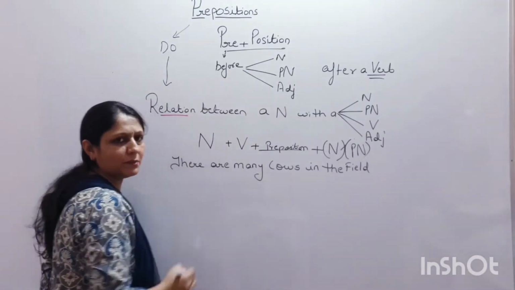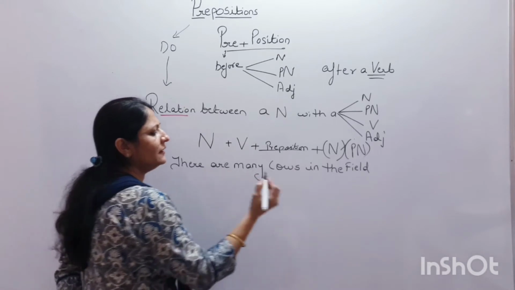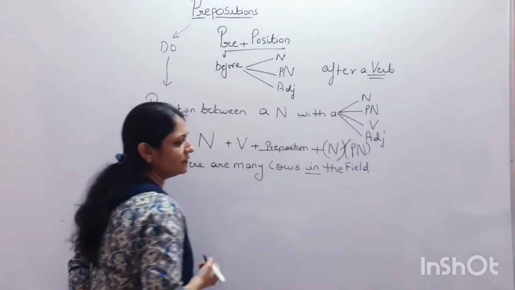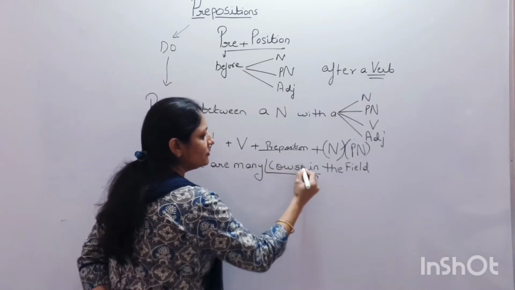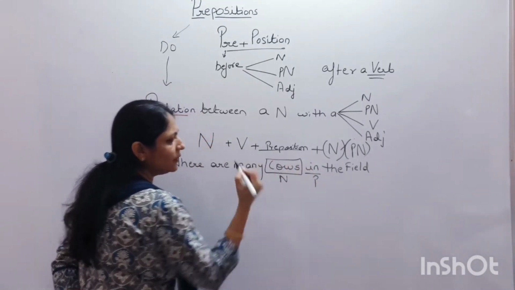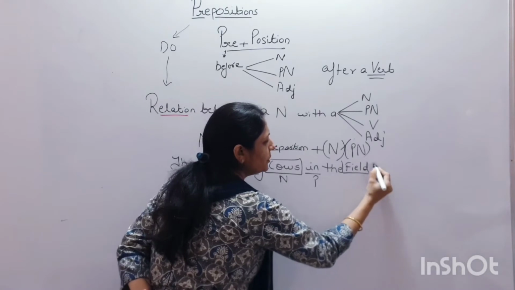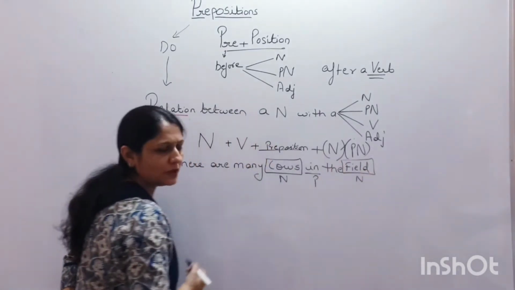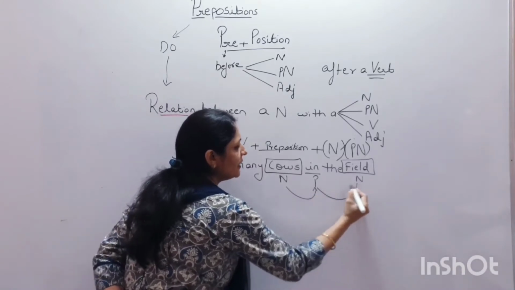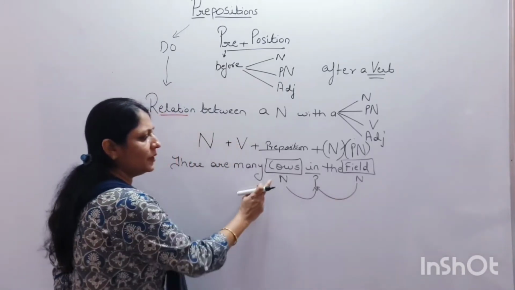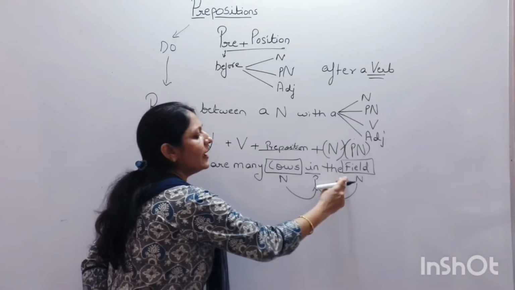Here, what is the preposition? First of all, we should understand. The word in here is the preposition, and the word cows is a noun, and then there is another word called field. It is also a noun, and the word in is telling us the relationship between these cows and the field.